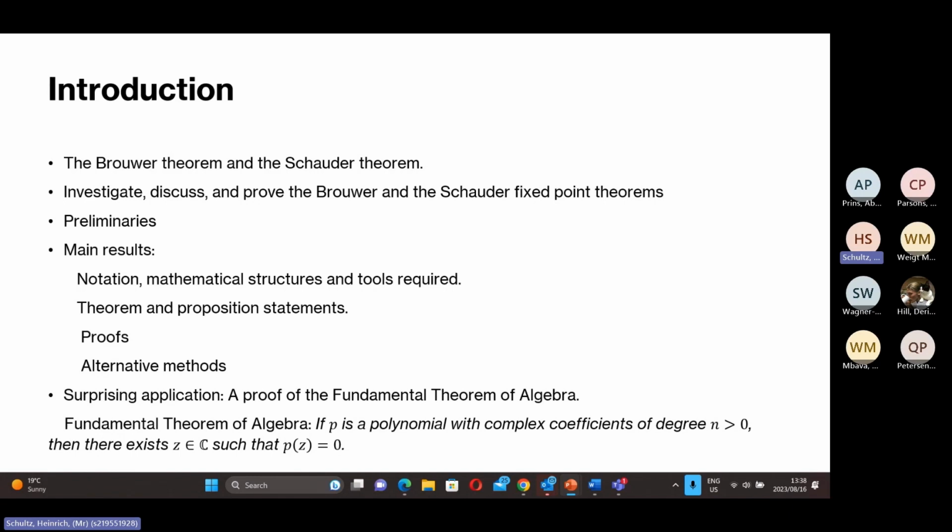The Gell-Mann theorem states that if we let V be a Banach space and K mapping S tilde to V an odd continuous compact map, then there exists a point X star in S tilde such that K of X star is equal to X star, i.e. the set of fixed points of K is non-empty.